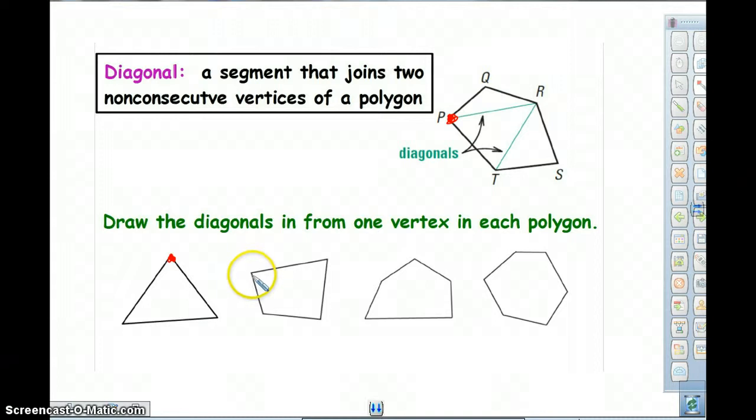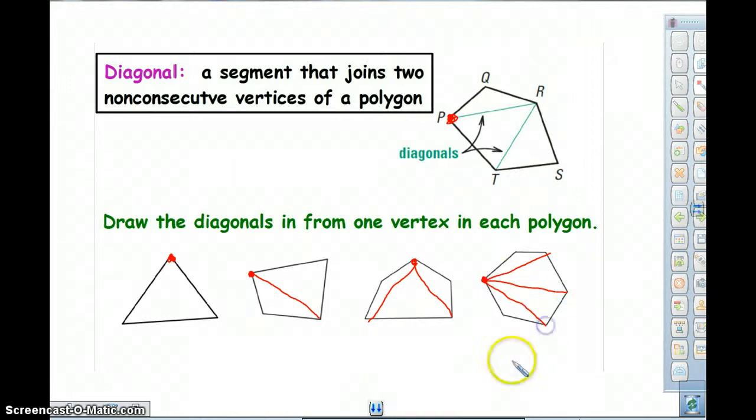But in a quadrilateral, I can go from this vertex, and I have one diagonal that goes over to the other vertex. In a pentagon, now I have 2 diagonals, one that goes there, and one that goes there. In my hexagon, I'm now going to have 3. If I start from this vertex, I go to that vertex, to this vertex, and to this vertex.